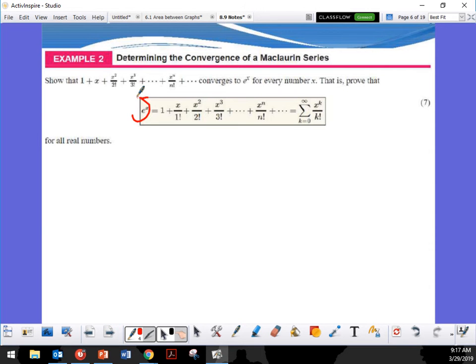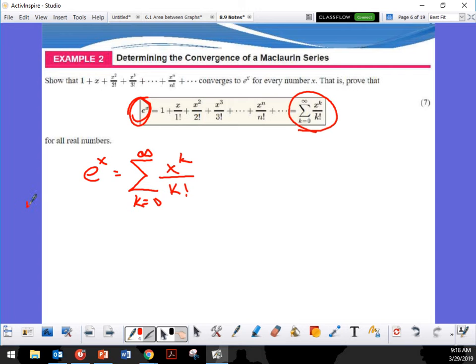So if this is my series, if this equals this, then it's going to come out to here. So in a sense, I'm going to say that e to the x is equal to the sum from k equals 0 to infinity of x to the k over k factorial. I'm basically saying that's going to happen.